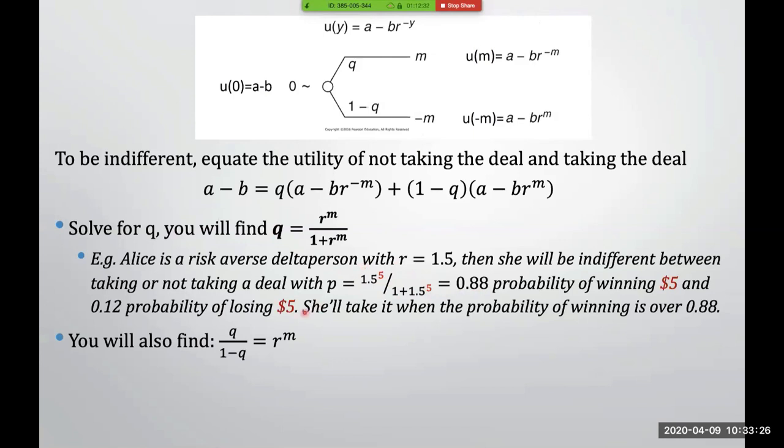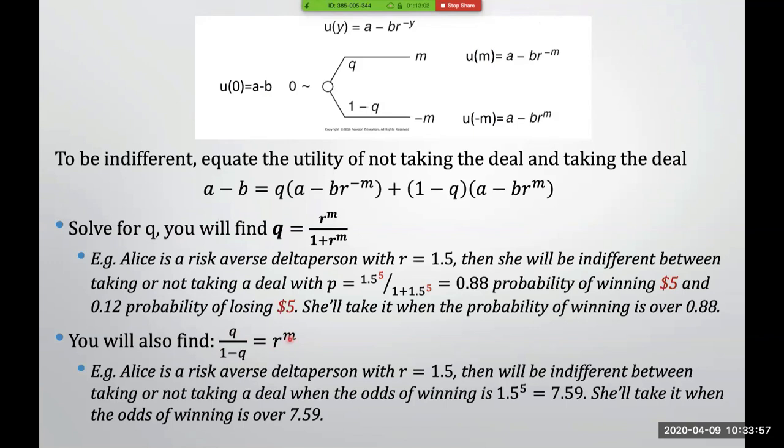Then the odds is just Q over 1 minus Q. You can plug in Q equal to this term into this expression and simplify it. You will find it is equal to R to the power of M. So the risk odds for winning or losing M dollars is the R parameter raised to the stake.